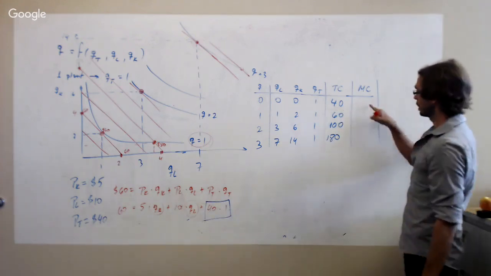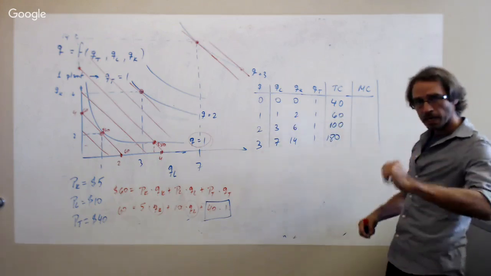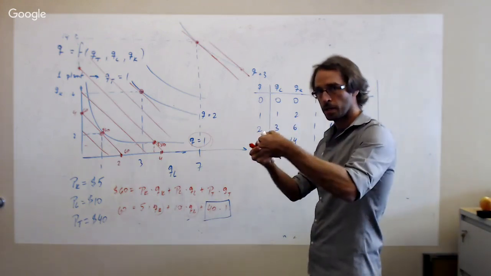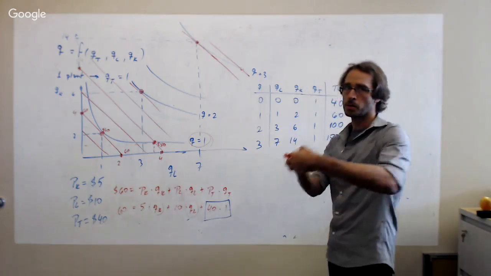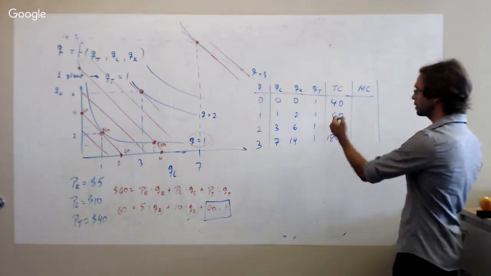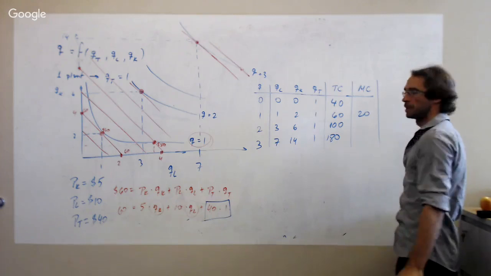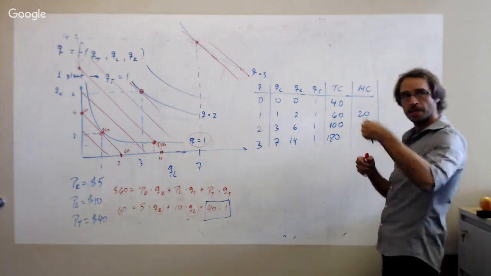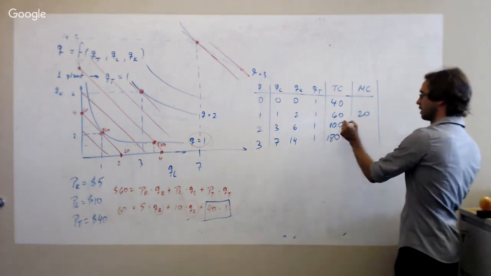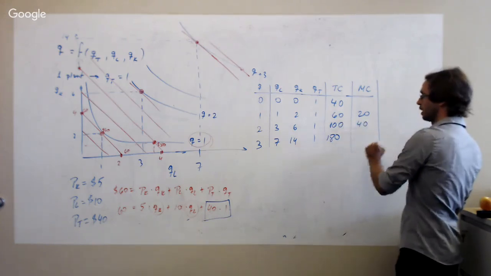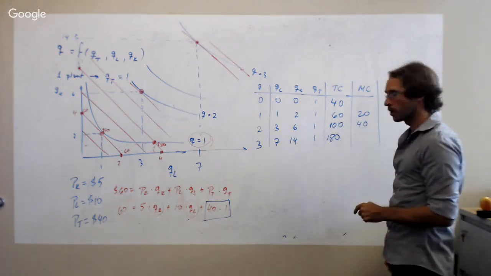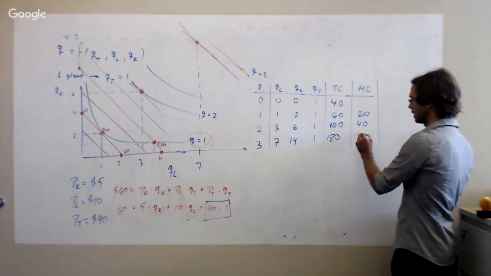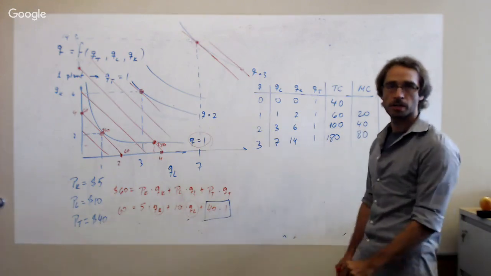So the marginal cost of producing the 1st unit is the extra cost from going from 0 units produced to 1 unit produced. And that extra cost is $20. The extra cost from producing that 2nd washing machine is 100 minus 60, 40. And the extra cost from producing the 3rd one is 180 minus 100, 80. So there you have your marginal cost.